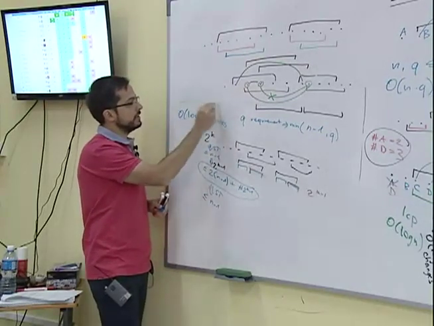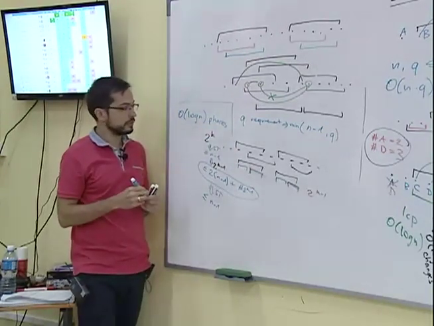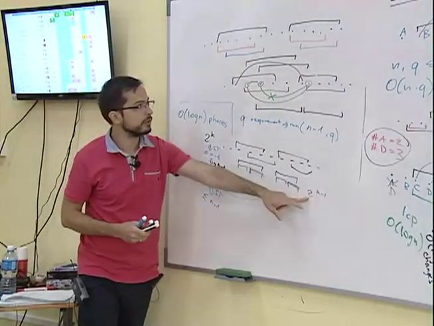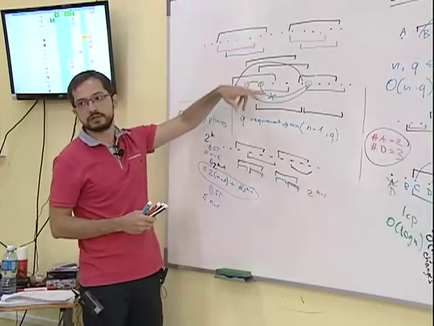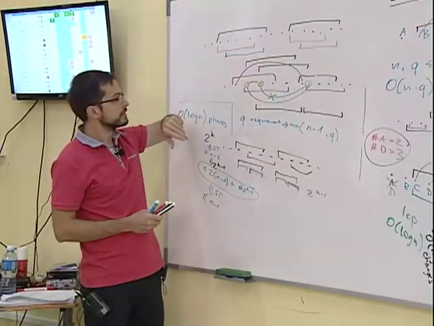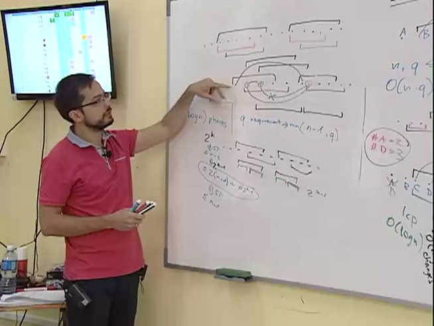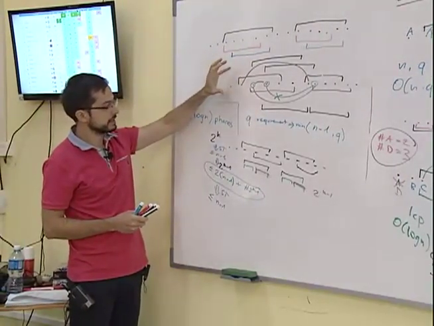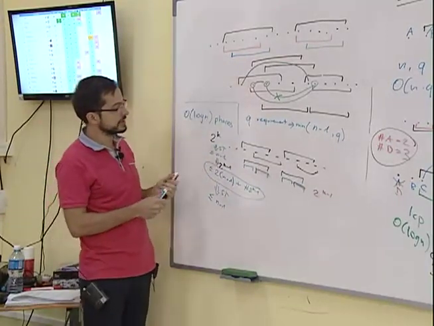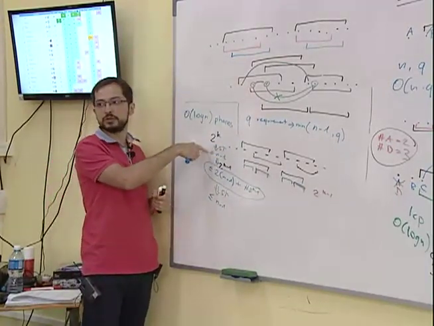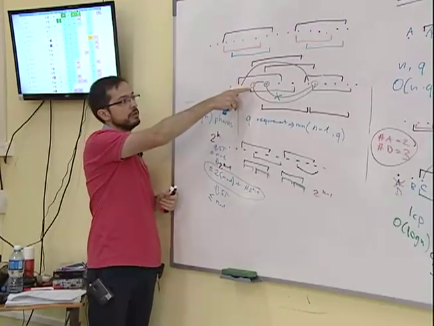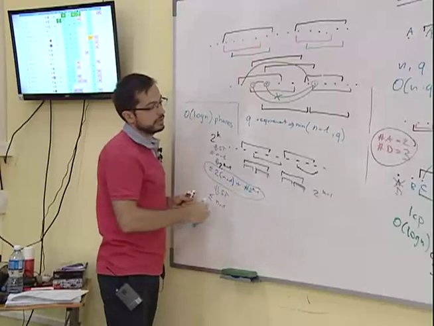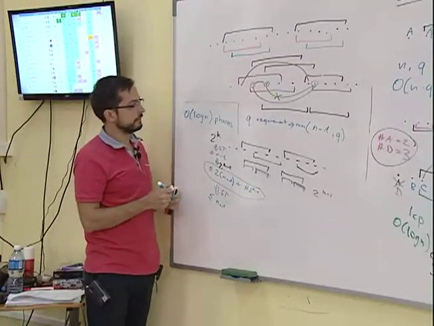And in each phase, we need to consider the requirements of the size of this power of 2, and we need to construct this graph. All right? The graph has n vertices and some number of edges. The number of edges will be n-1, because these are requirements from the previous graph, plus some additional requirements on this level.